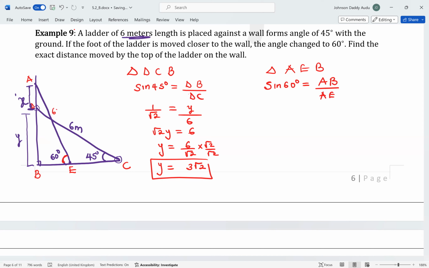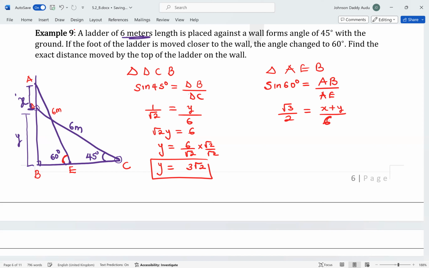It's still the length of the ladder, which is still 6 meters. It doesn't change. So what is sine 60? This is root 3 over 2. It equals AB, and AB is x plus y, over AE, the length of the ladder, which is still 6, right?